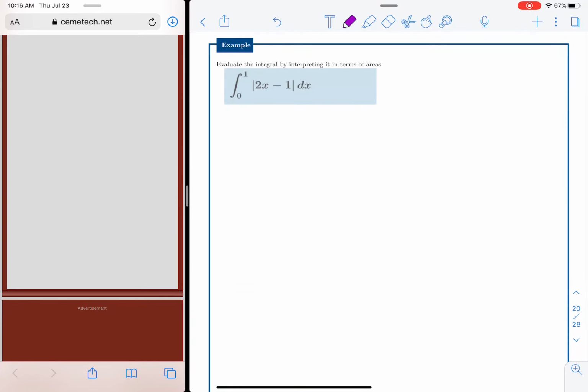So here we have another function. This is the absolute value function. And we know the absolute value function has a V shape.